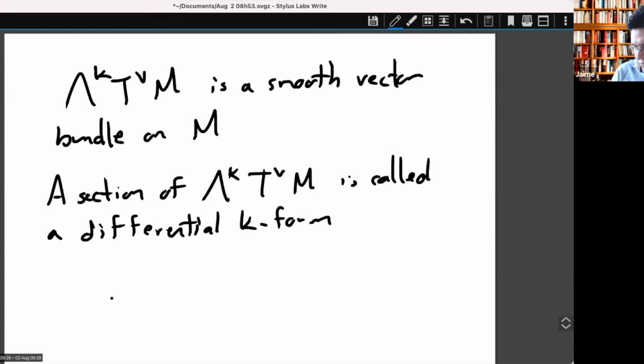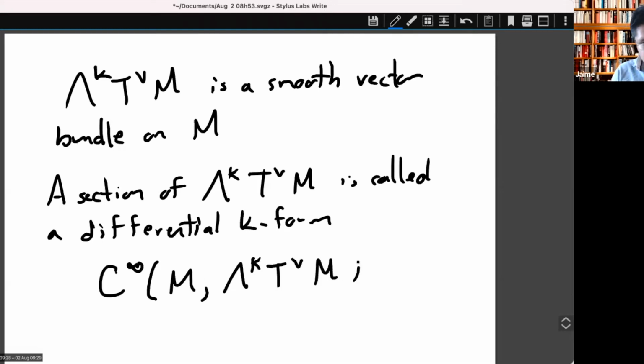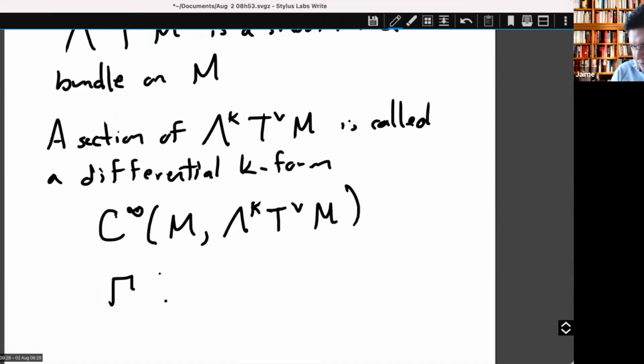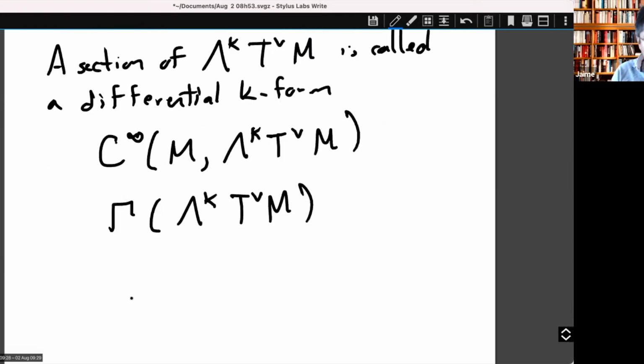In the global case, if you don't want to mess with notation, since we are in the C infinity world, some people use this notation for the global sections. Some other people use this notation. Depending on what you are reading or which notes you are following, there are several ways. Of course, there is the basic one, this one.